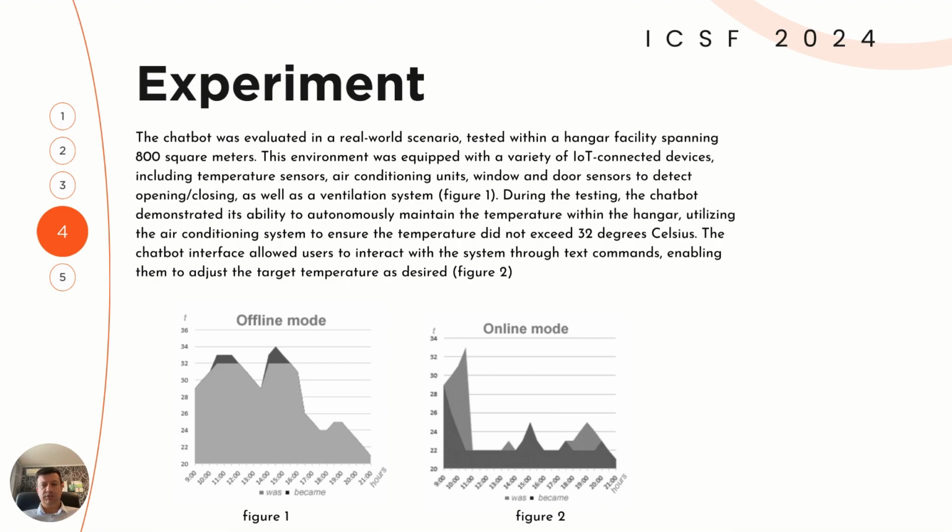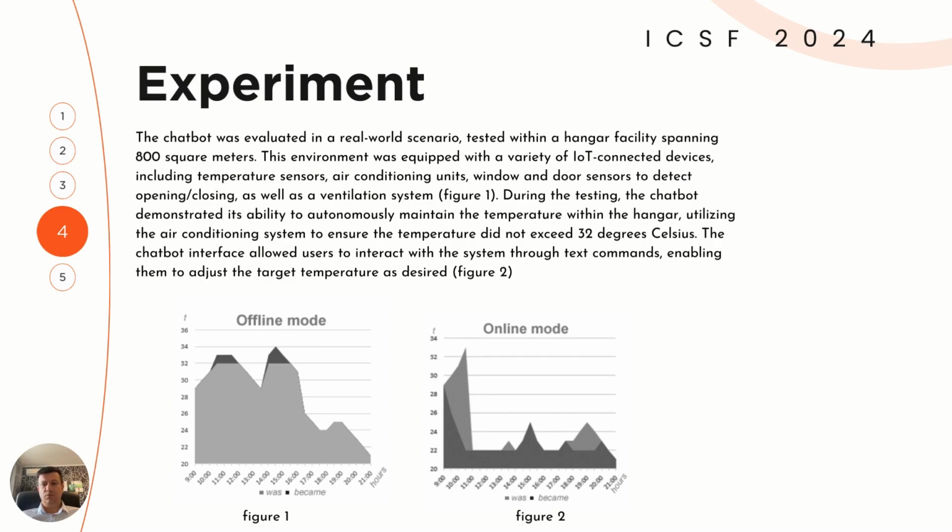The chatbot interface allowed users to interact with the system through text commands, enabling them to adjust the target temperature as desired. Figure 2. Critically, the system incorporates control mechanisms to monitor the status of windows and doors as well as the ventilation system.